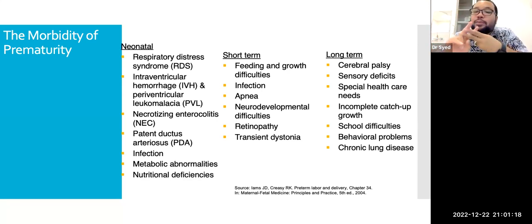Oxygen, dua problem dia. Satunya, oxygen has free radical, reactive oxygen species. So this ROS ni boleh damagekan dia punya retina tu and causing retinopathy of prematurity.